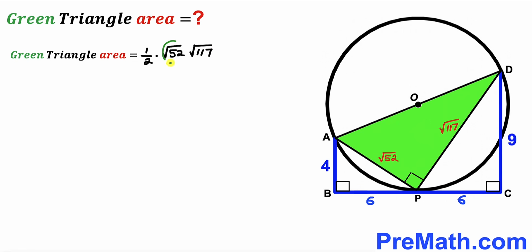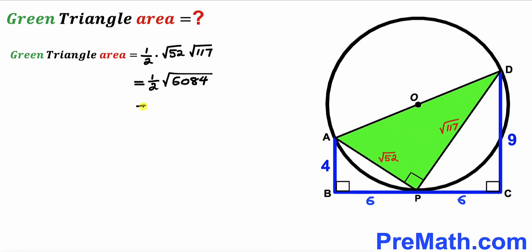And now we are going to multiply these. If we multiply, the square root of 52 times 117 is going to give us 6084. So we ended up with 1 divided by 2 times the square root of 6084. And now the square root of 6084 is 78.